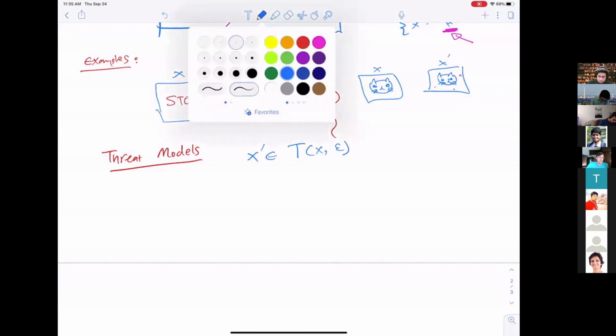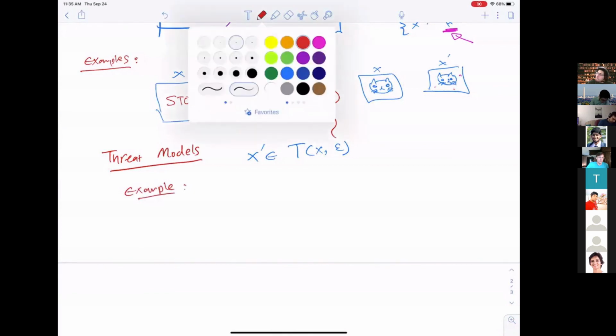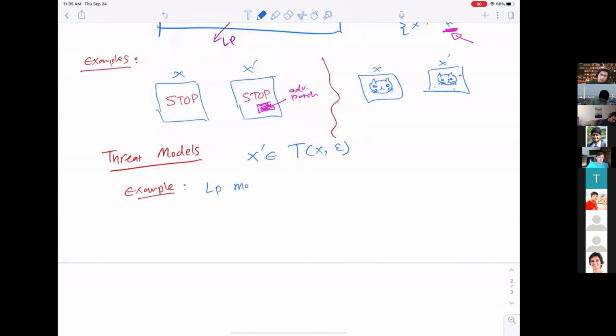For example, probably the most studied threat model is the LP model, where we are looking at X primes such that the LP norm of the difference between X and X prime is bounded by epsilon. You can look at examples of it: L infinity, L1, L2, and even some other related threat models like L0, which is not a norm, but still it's an interesting threat model.